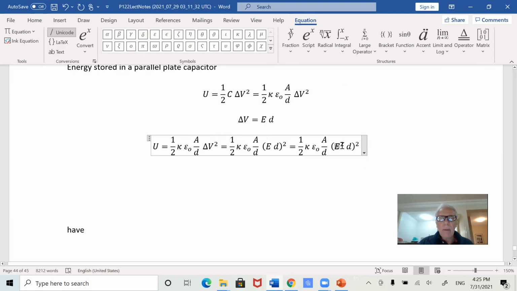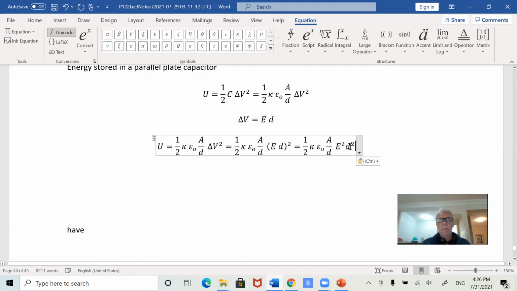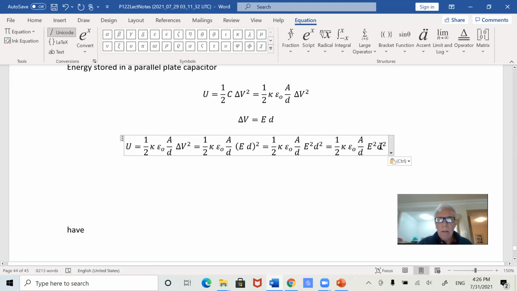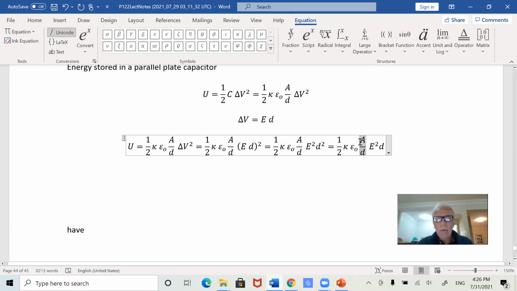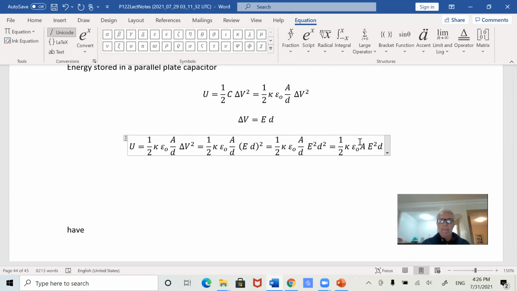It is also squared. D cancels D. This one here cancels this other one here.